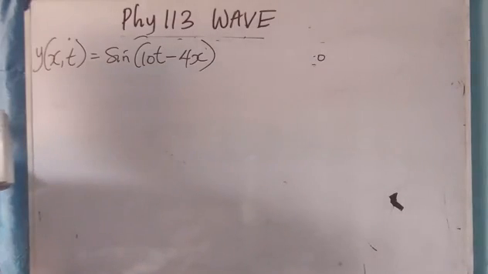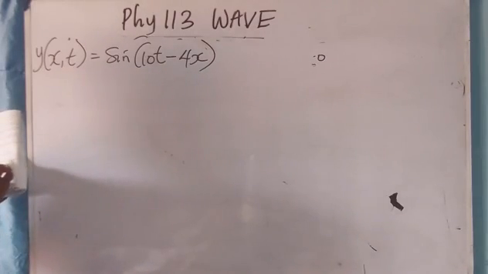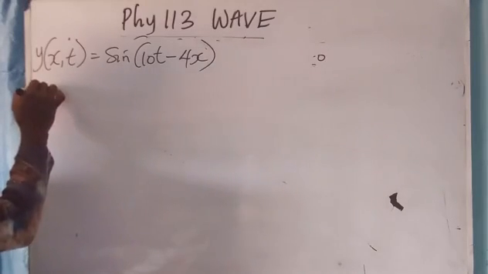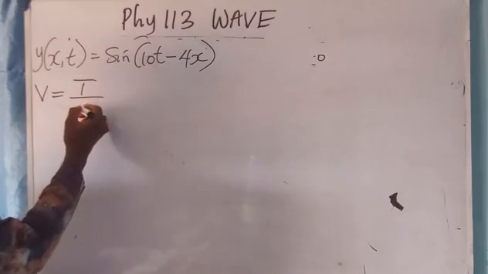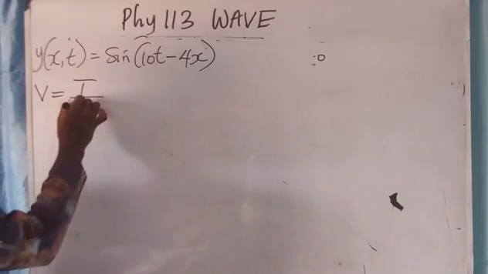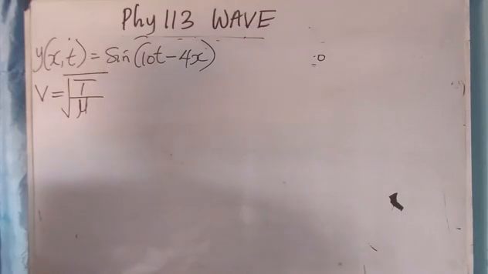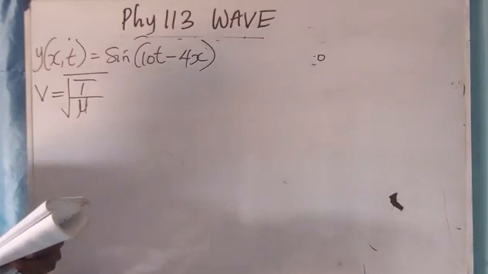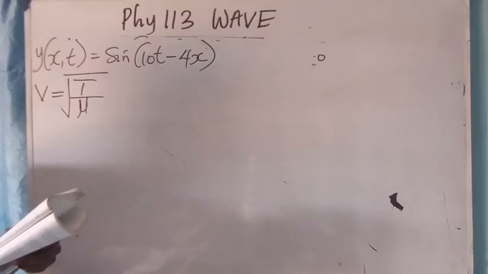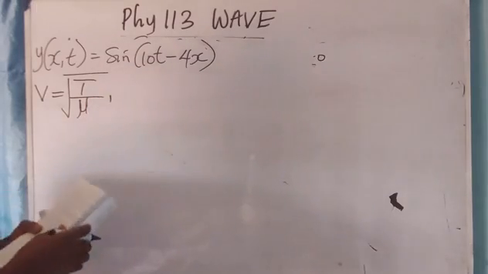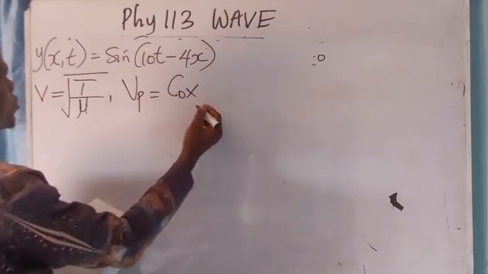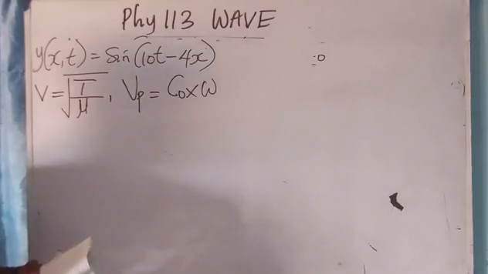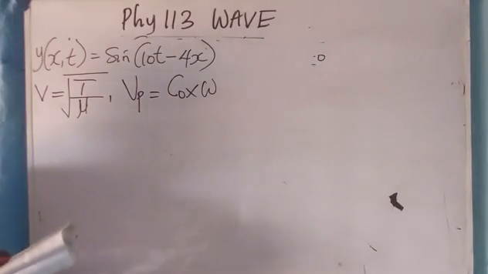I told you that phase velocity is given as v equals ω over k, and our particle velocity is given as c-naught times ω. Okay, so let's get started.